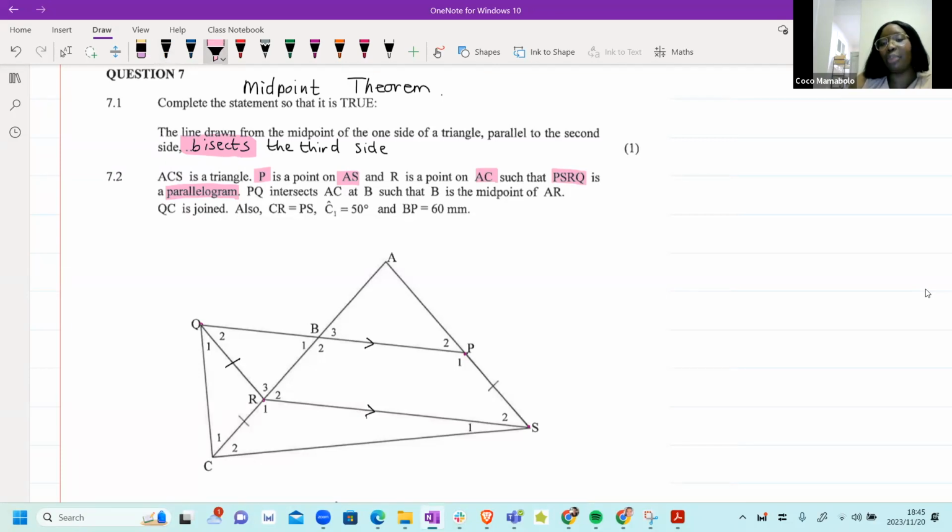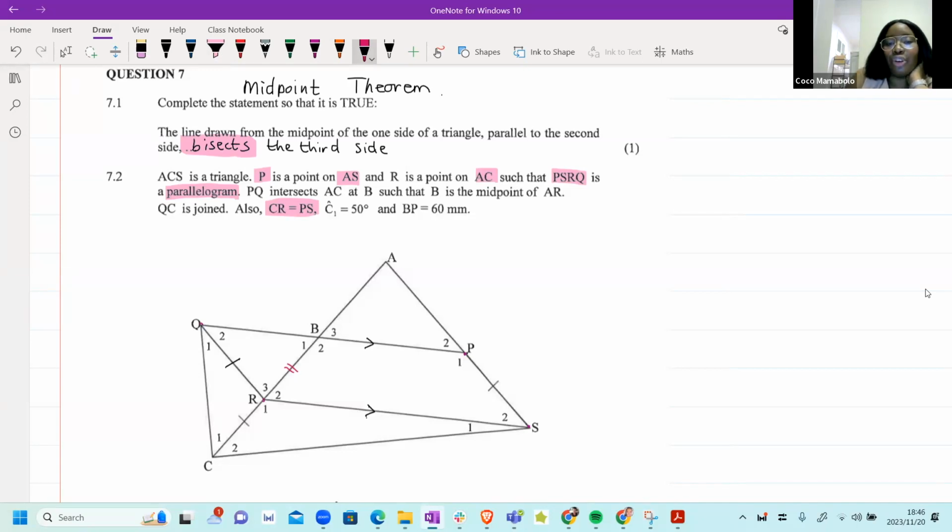CR is equal to PS. Beautiful. That is a given. They've told us CR is equal to PS, which is great. PQ intersects AC at B such that B is the midpoint of AR. So we know that RB will be equal to what other side? RB is equal to AB.